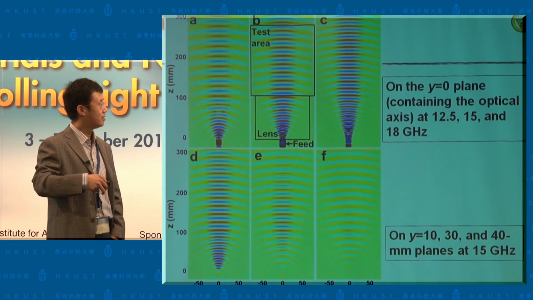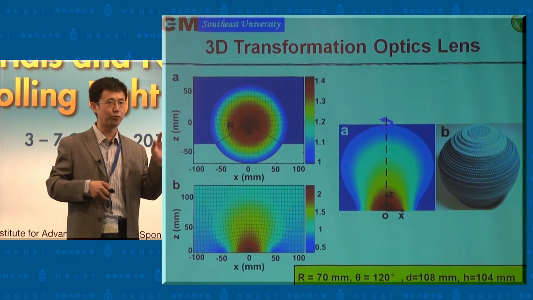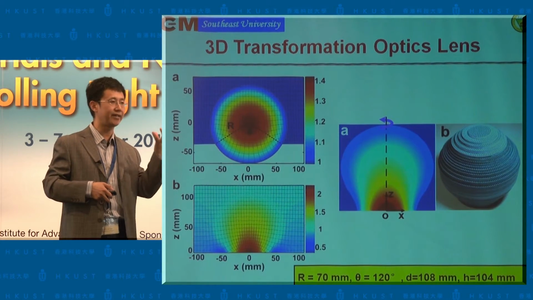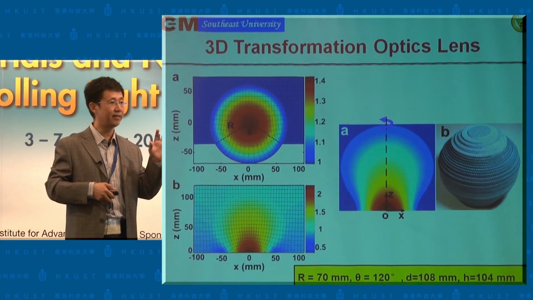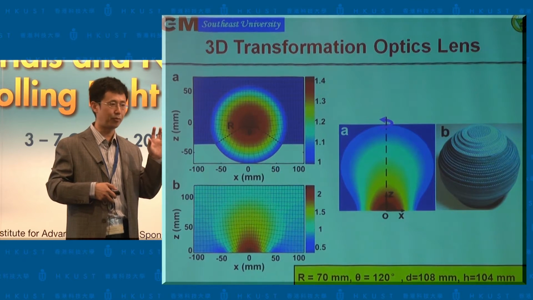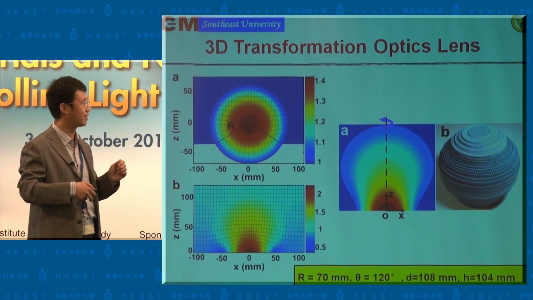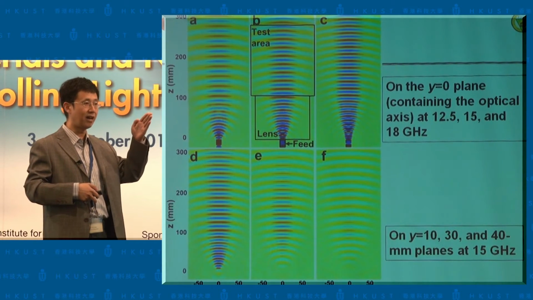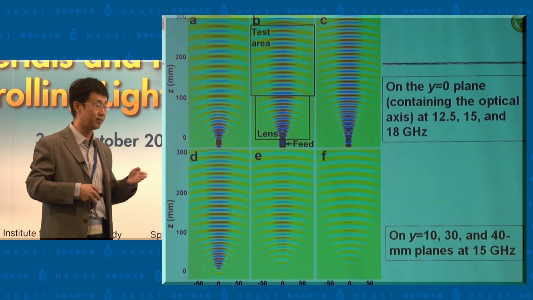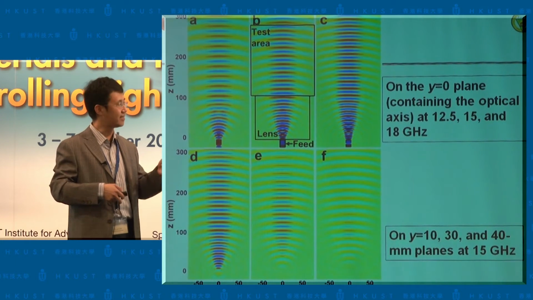In our case, to realize the 3D, we just rotate the 2D distribution to 3D. This rotation actually has some approximation. It is not an exact optical transformation, but the approximation is very good because the cross sections passing through the optical axis are accurate.